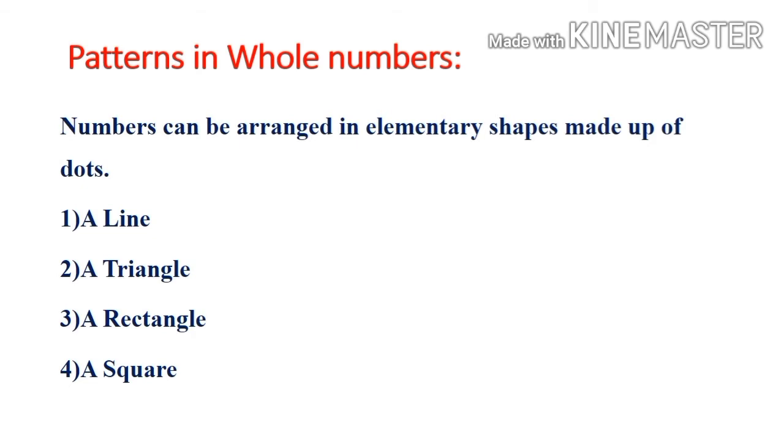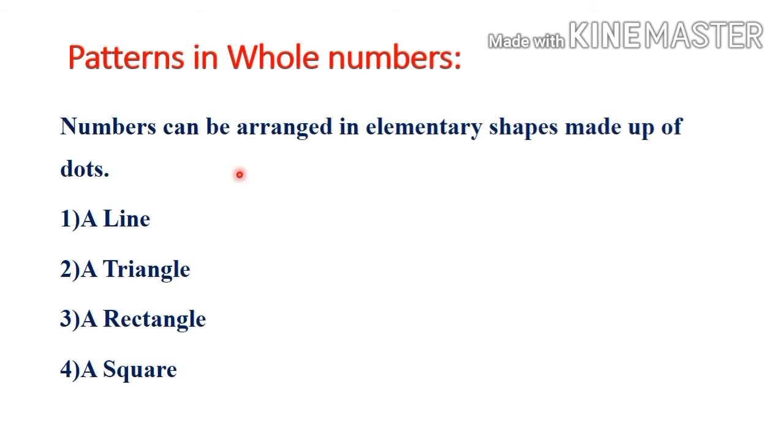So numbers can be arranged in elementary shapes made up of dots. Okay, we can arrange the numbers in the form of elementary shapes, and some shapes they have given. Only we want to use these shapes: a line, a triangle, a rectangle and a square. Okay, so these shapes we want to arrange by using dots.